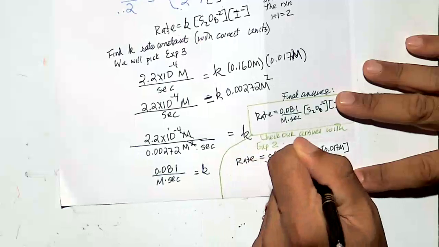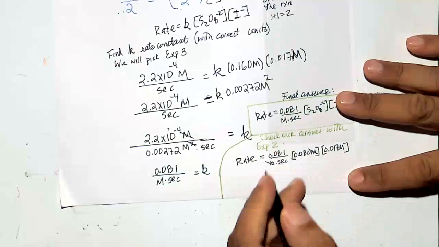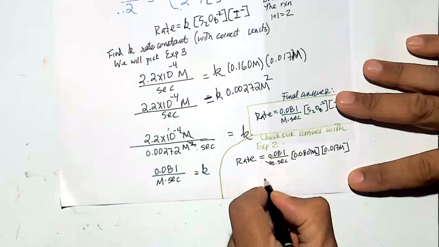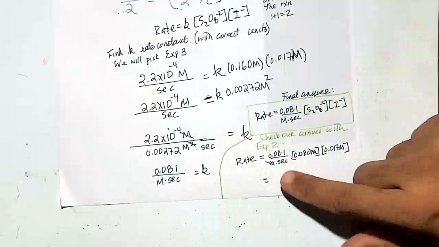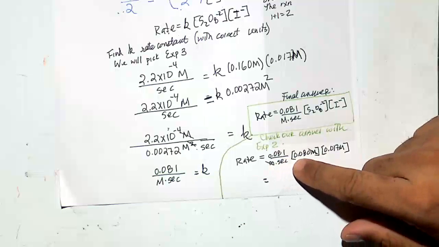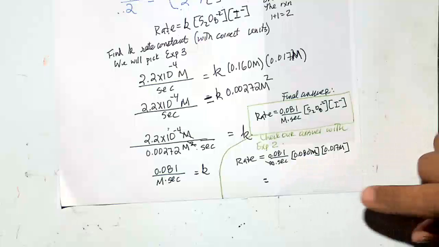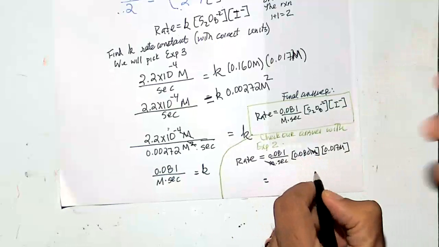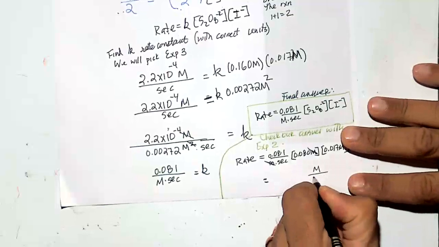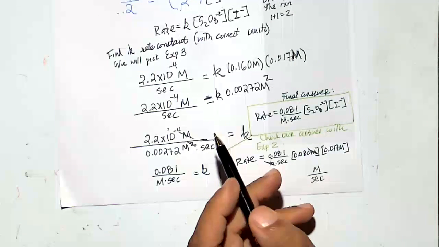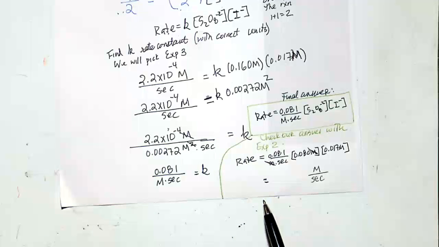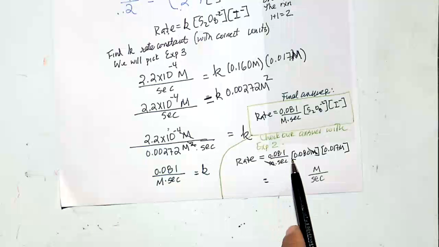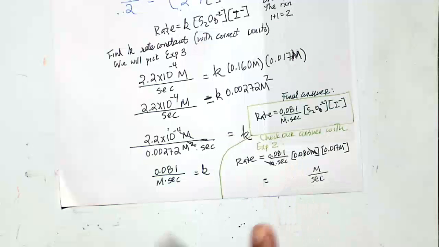All right, let's look at our units just for a second here. This M in the denominator will cancel one of the M's in the numerator. And so what do we get here? What's 0.081 times 0.080 times 0.017? This M cancels. We're left with molar over seconds.